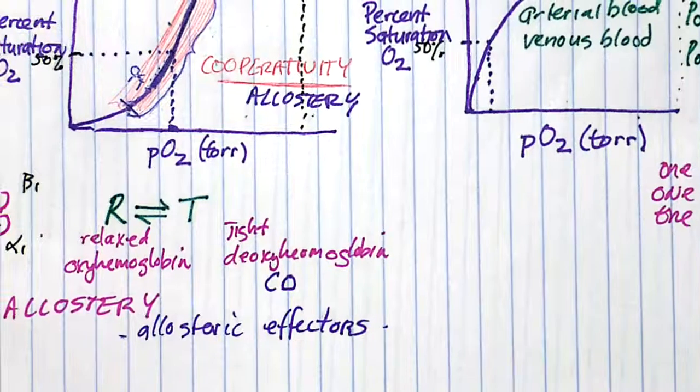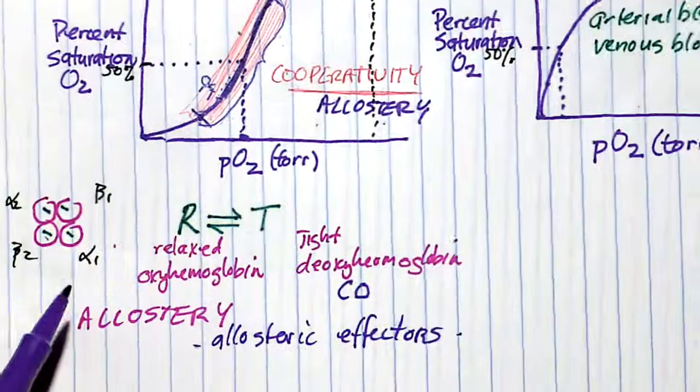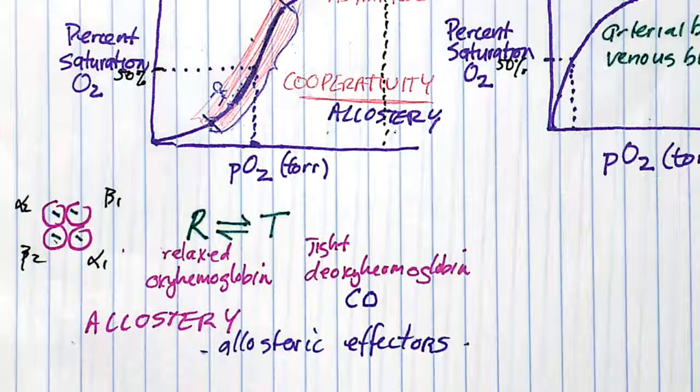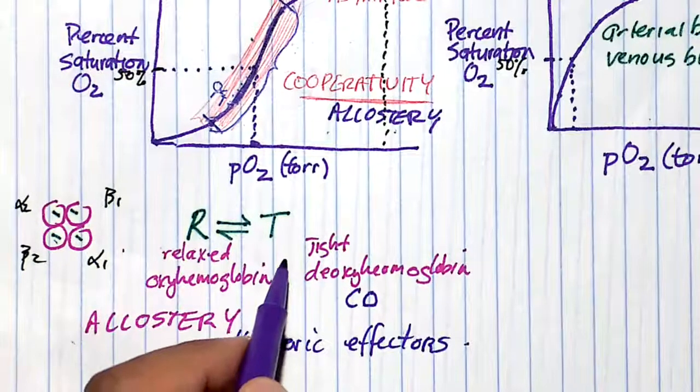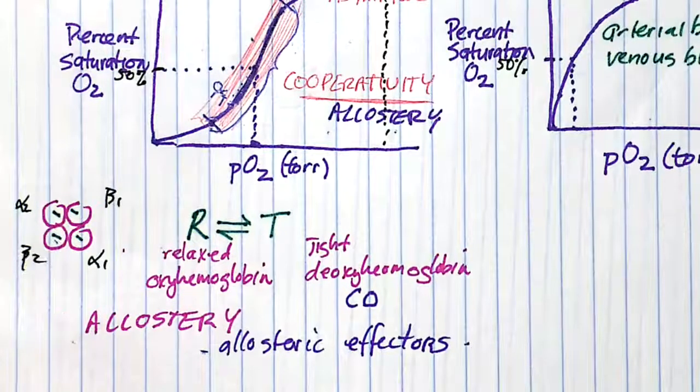Any exposure to carbon monoxide, let's say it gets to one of these subunits, is going to favor the shift of the equilibrium towards the deoxyhemoglobin form. You'll have more of these subunits in the T state, and you're not going to have oxyhemoglobin around.